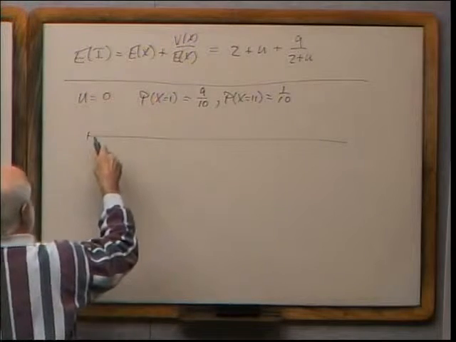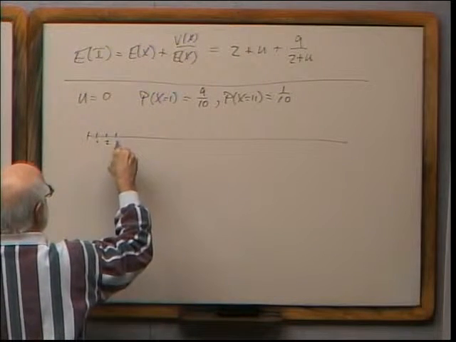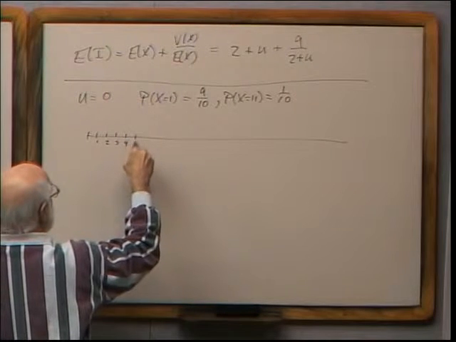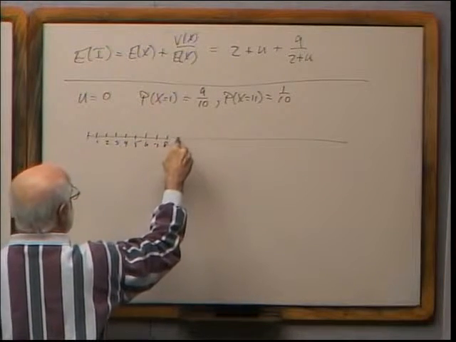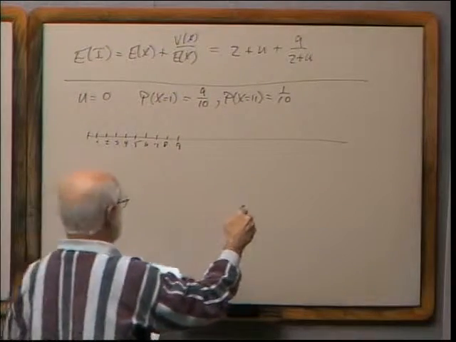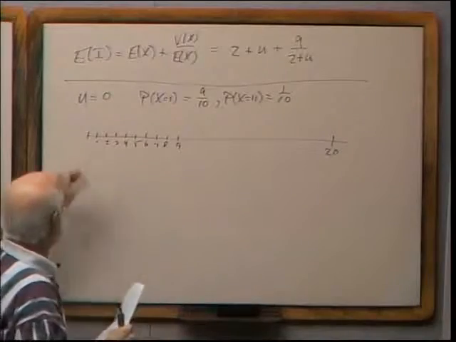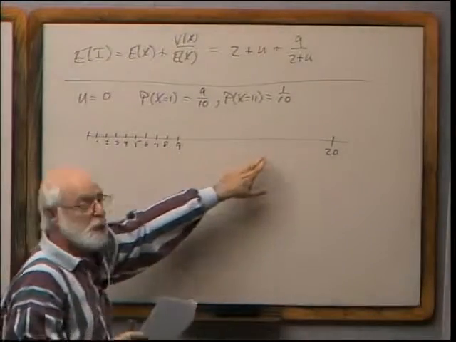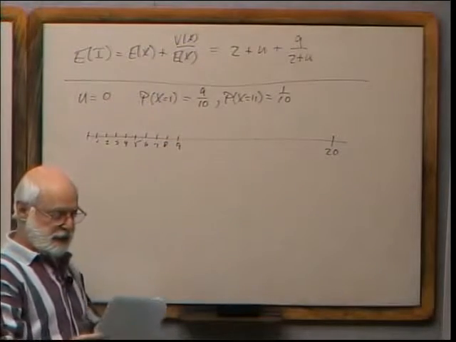Here's 1, 2, 3, 4, 5, 6, 7, 8, 9, and then here's 20. So here I have 9 1s and 1 11. This is the frequency with which these x's occur.